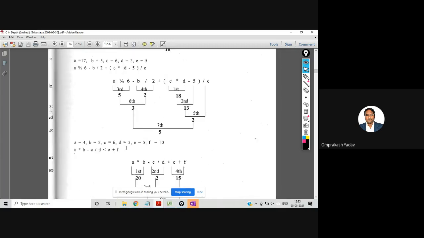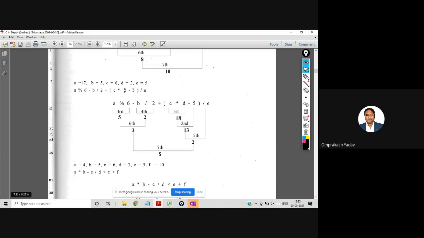Okay. Now solve this particular expression and let me know the answer. The expression is given: A into B minus C divided by D less than E plus F. So less than is a relational operator, and its output will be 0 or 1.